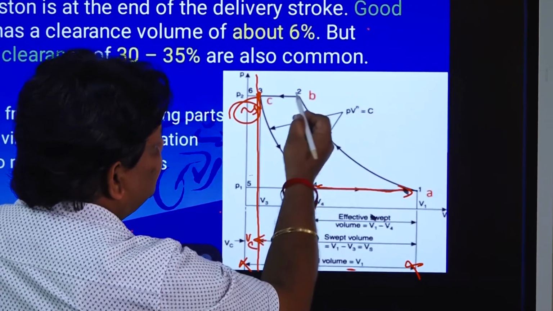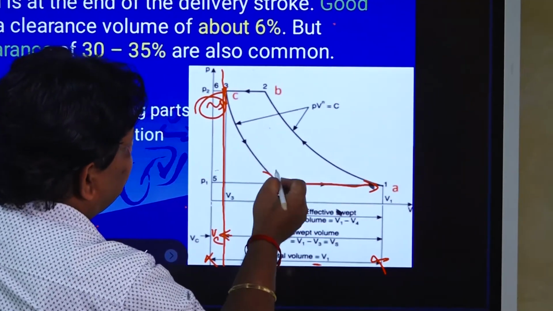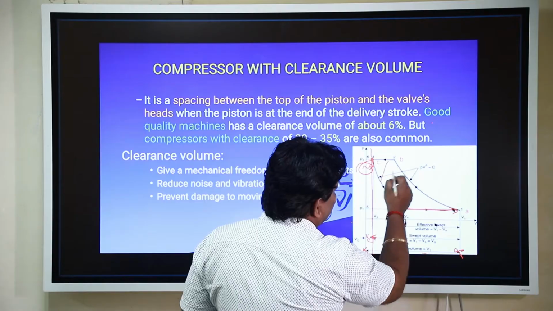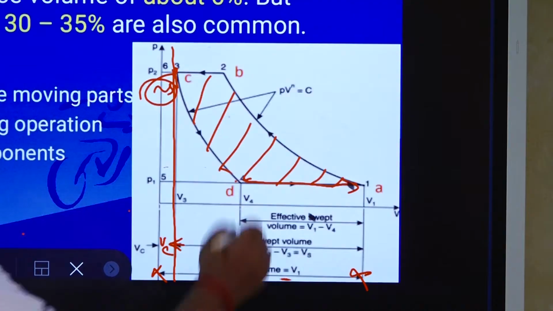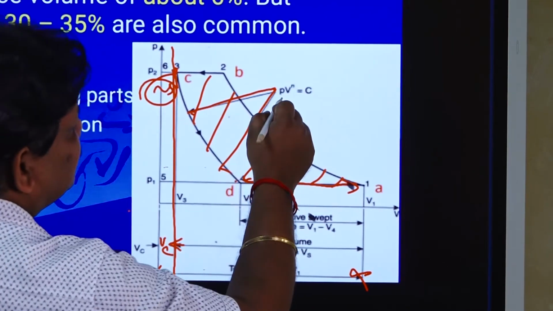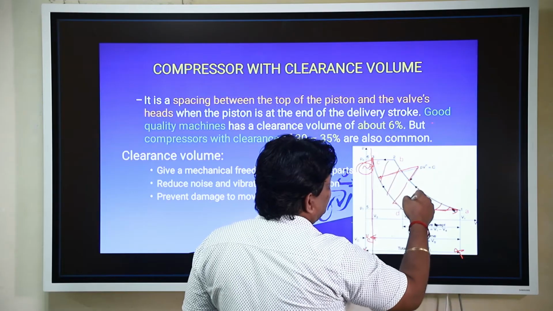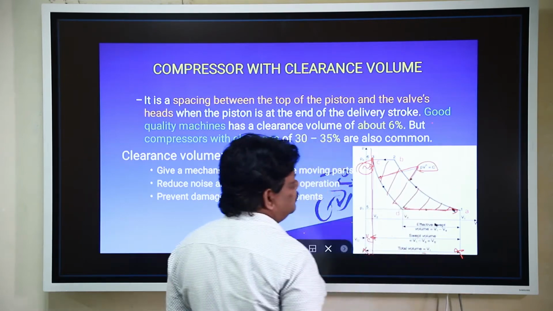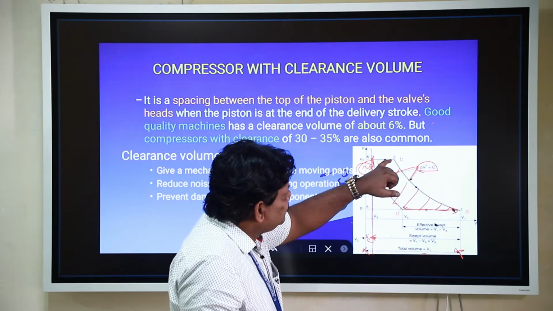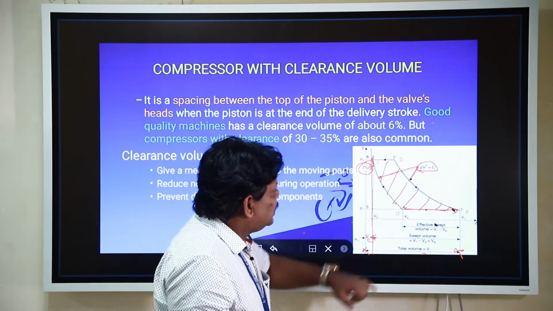So what is the need for that clearance? You can see A, B, C, D, which will give the total area. Both the compression as well as expansion are polytropic, PV power n equal to constant, and you can see two constant pressure processes are there.